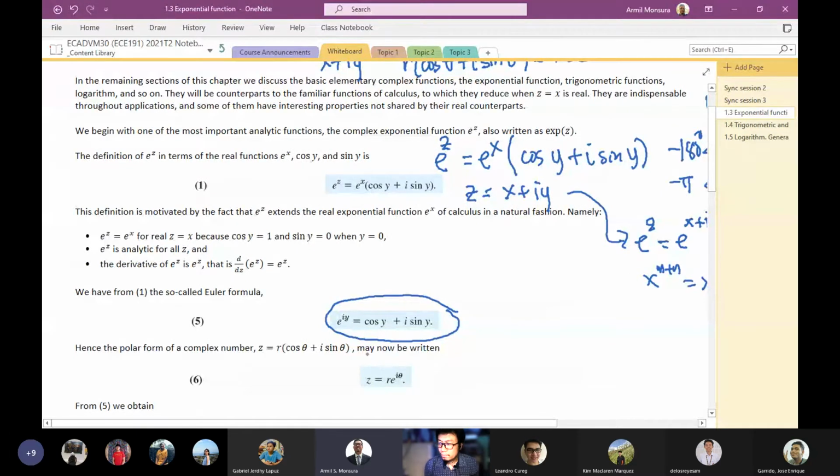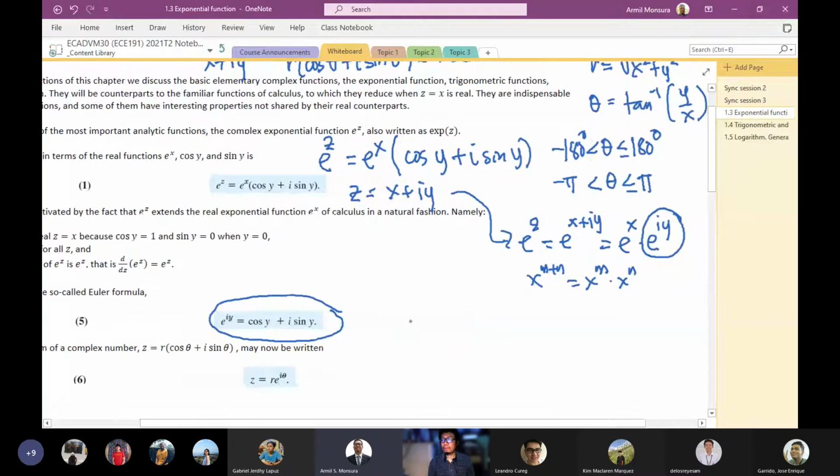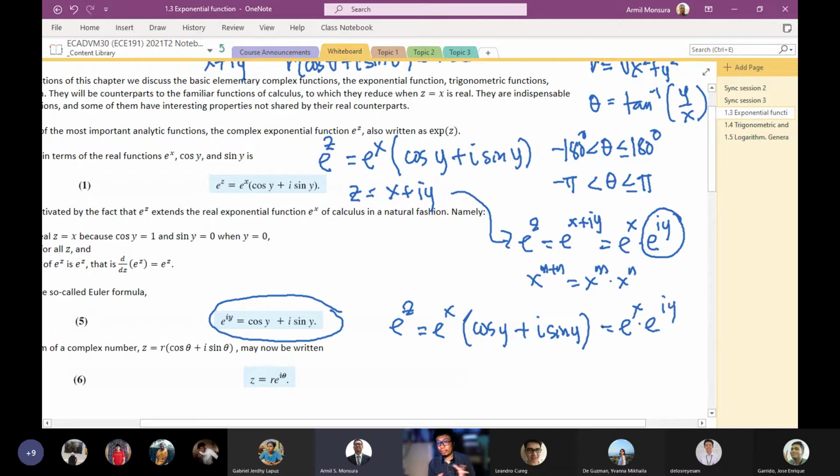If e raised to z equals e raised to x times cosine of y plus i sine of y, and it is also equal to e raised to x times e raised to iy, then by equating the factors, since e raised to x is equal on both sides, it follows that this factor is equal to this factor.